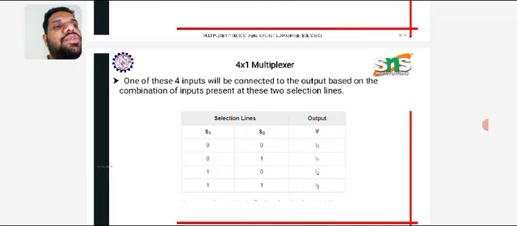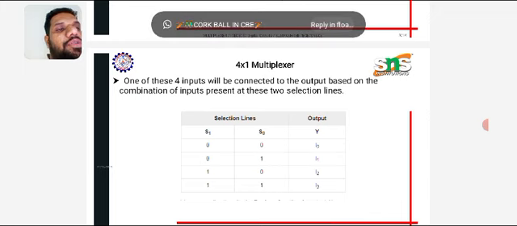One of these 4 inputs will be connected to the output based on the combination present at the 2 selection lines. If the selection lines are S0 and S1, and both are 0, the first input I0 will be connected with the final output Y.